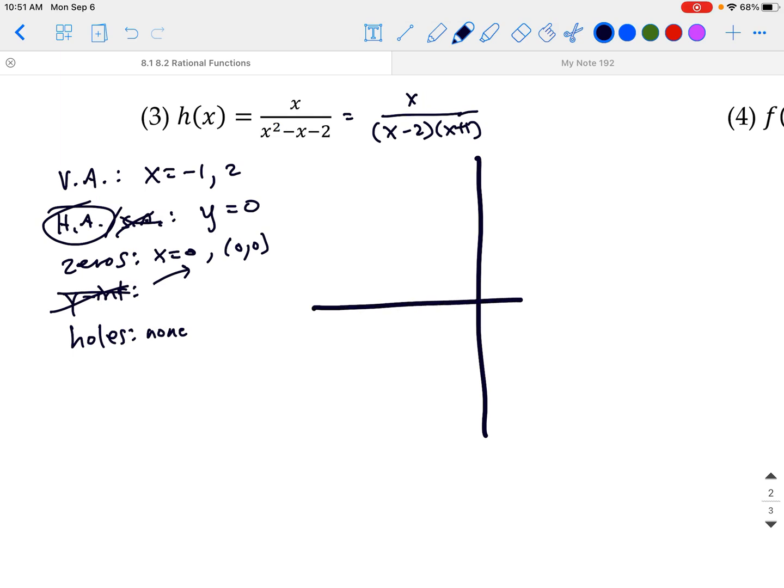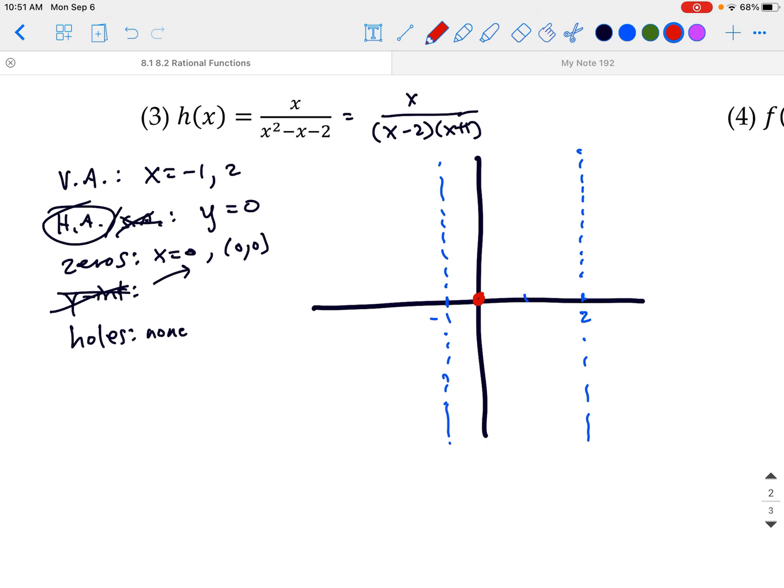So we'll look at this graph and see what we end up with. So we'll start with our vertical asymptotes. So we've got it at 2, and then negative 1. So now we've got 3 regions where we're going to have the graph. So we'll have 3 branches.